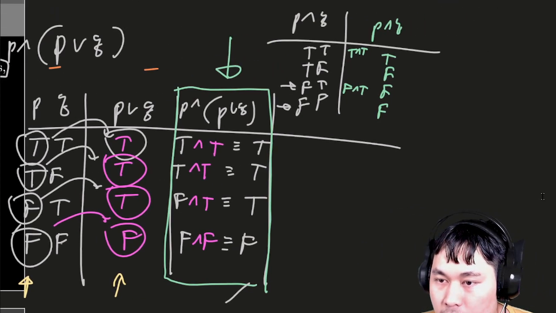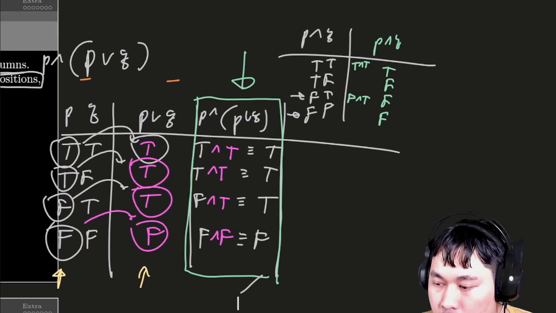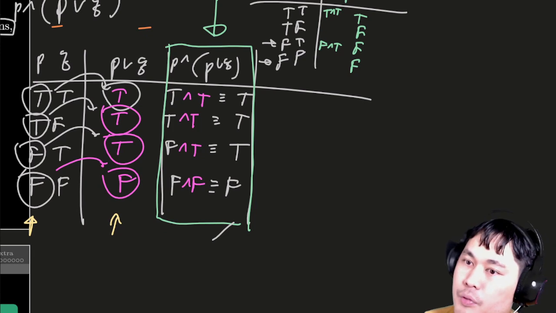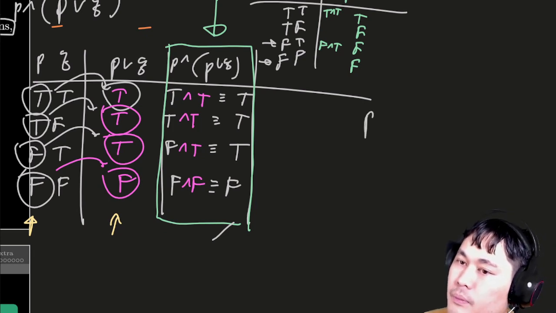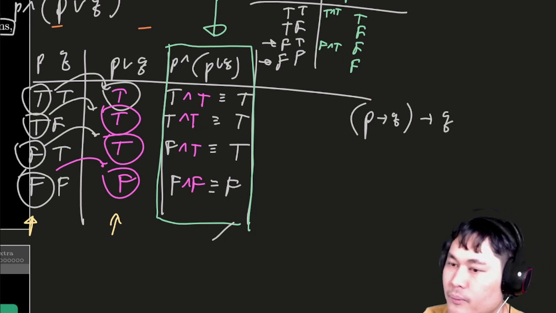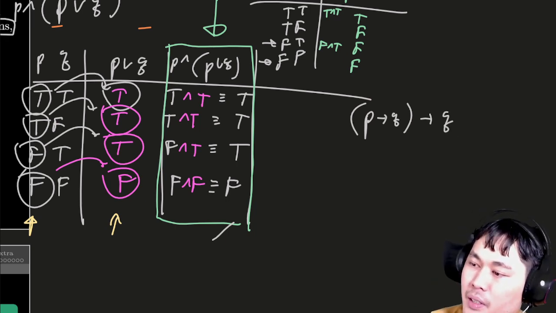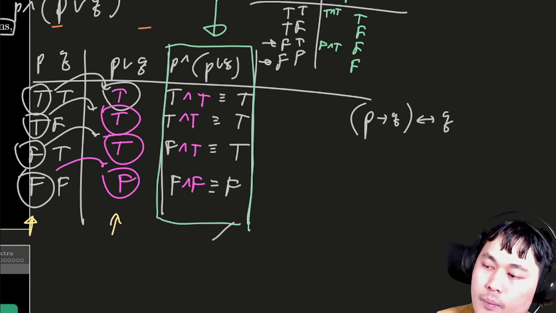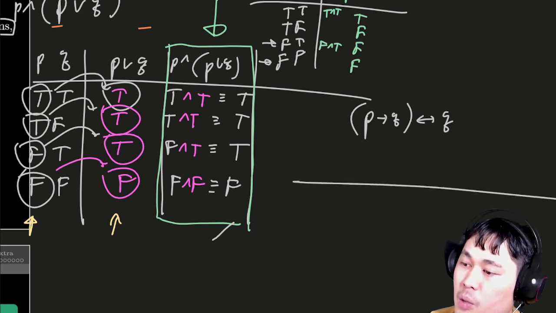So maybe let's give another short example. Let's see, what if we are looking for P then Q, if and only if Q. So there are two operations.